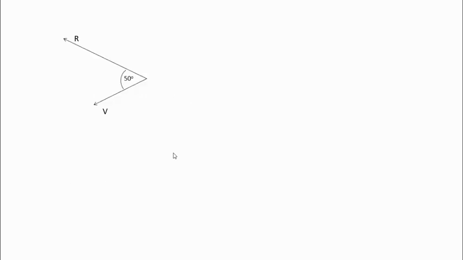Sometimes we don't have that much information. Sometimes we're only given the direction of a vector relative to another vector. So for example, we may be told that vector r makes an angle of 50 degrees with vector v. All we know is that the angle between them is 50 degrees. And that may be enough for the purpose for which we are specifying this vector.